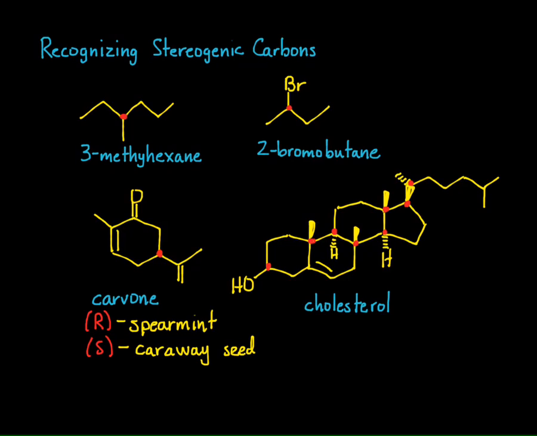And of all those 8 chirality centers, cholesterol has to have each one of them have a particular orientation in space in order for it to be cholesterol, which is pretty cool when you think about how nature constructs these particular molecules. So, recognizing stereogenic carbons, very important.